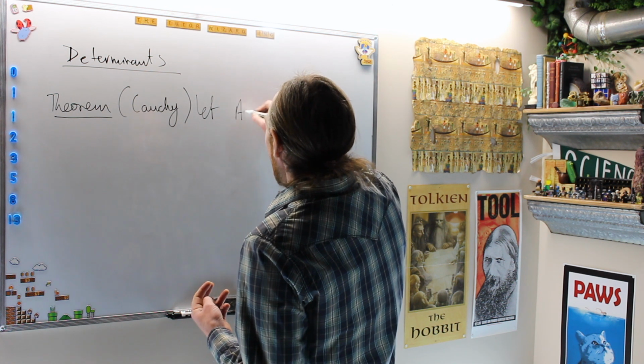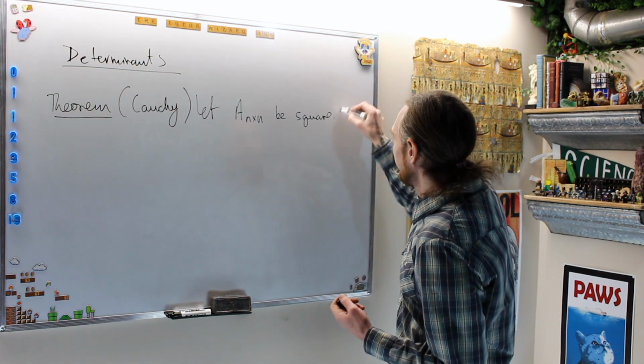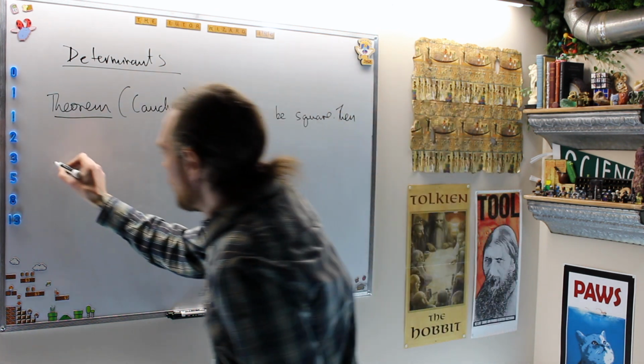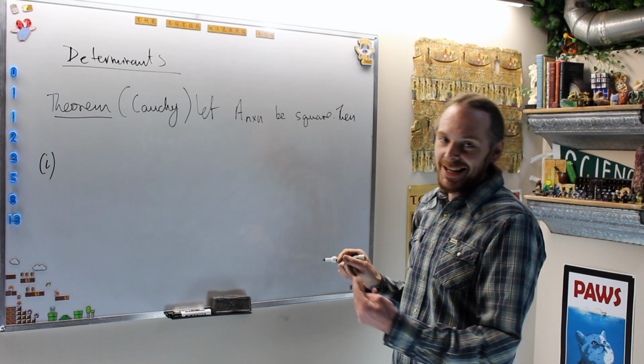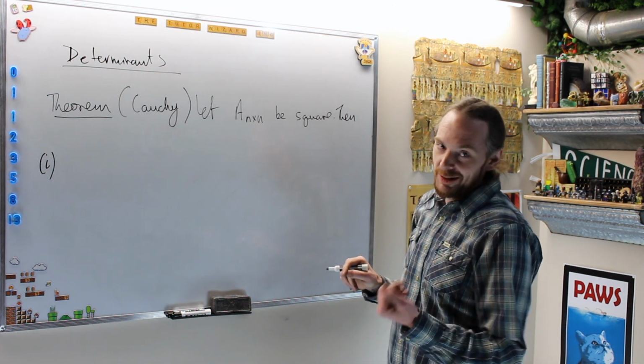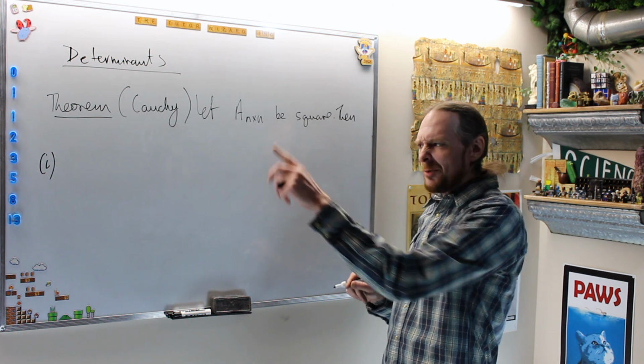Gosh, I did it. What does he say? Let A, n by n, be square, then, let's use i and j cleverly. What's j? I don't know. Number 2 in this case. I can cofactor expand along any row i.